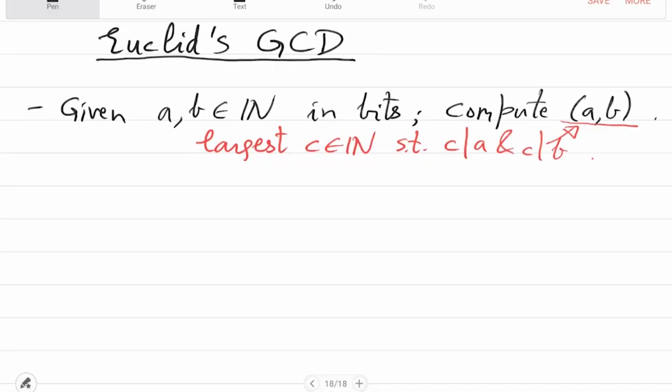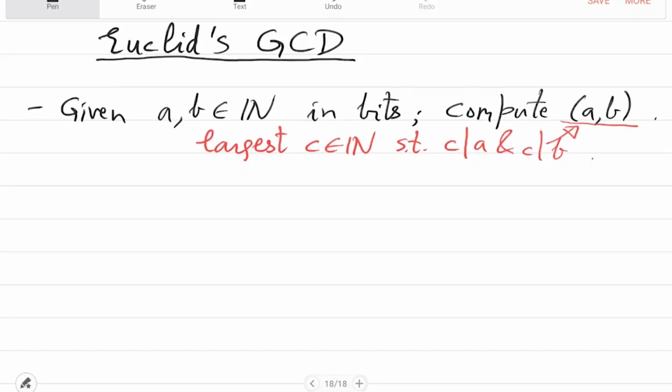So one trivial way to compute C is you just identify these primes and their frequency, and that you can do by factorizing A. So you identify the primes appearing in A and check whether they divide B, and then you find also the multiplicity of P required, such that P power divides both A and B, and then you multiply and get C. But this is a horrible algorithm because even if A is 300, 400 bits, this search for prime factors is highly expensive.